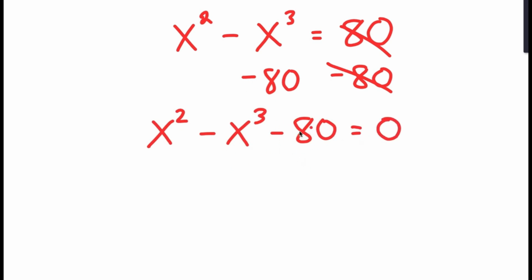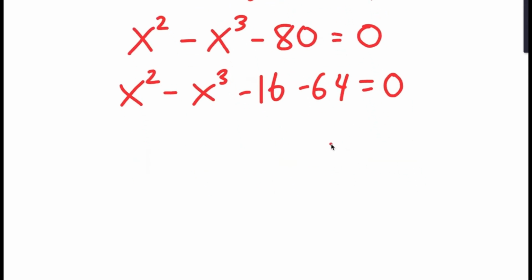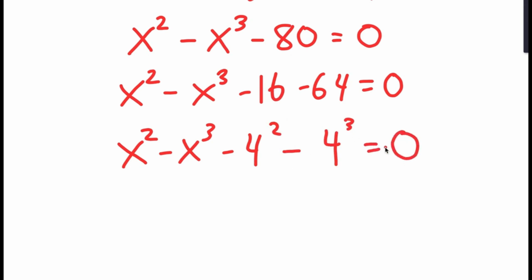Now from here, I'm going to replace negative 80 with -16 minus 64. I'm going to first rewrite -16 as -4 squared, and -64 as -4 to the power of 3.